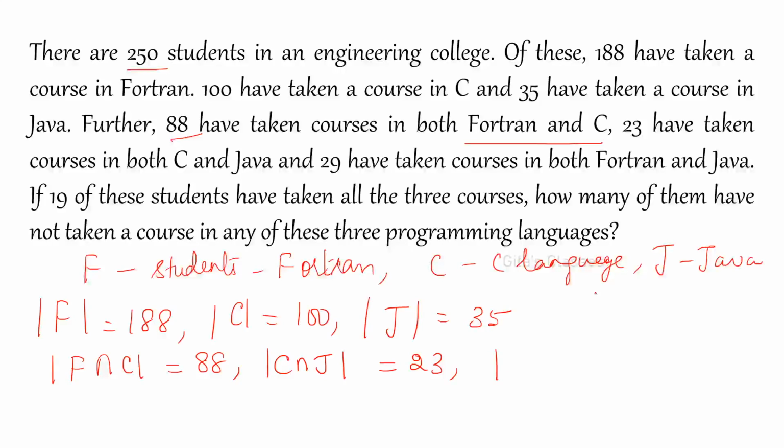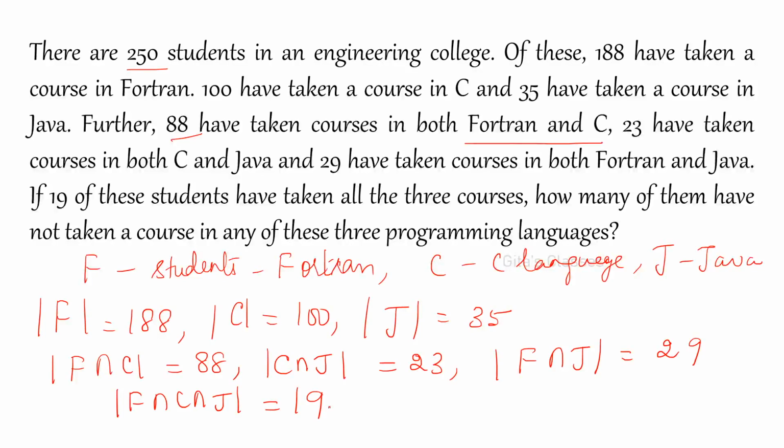And 29 have taken courses in both Fortran and Java. So cardinality of F intersection J is equal to 29. Now, what else is given? 19 of these students have taken all 3 courses, that is cardinality of F intersection C intersection J is equal to 19.